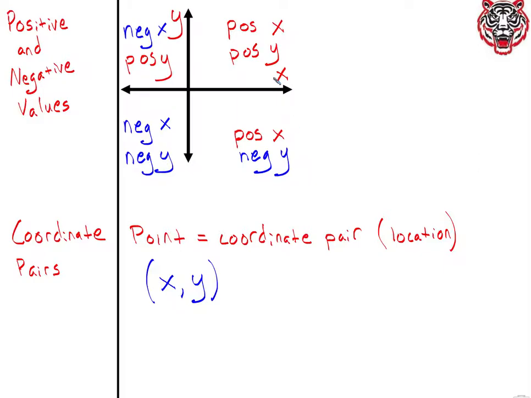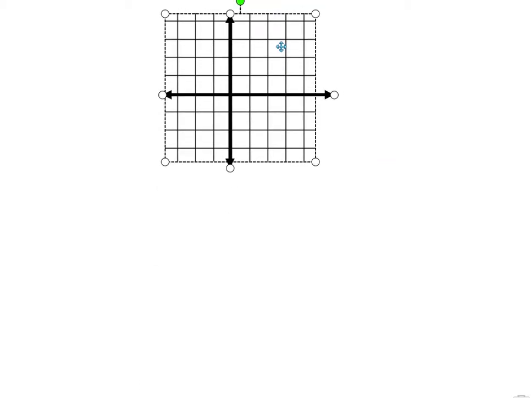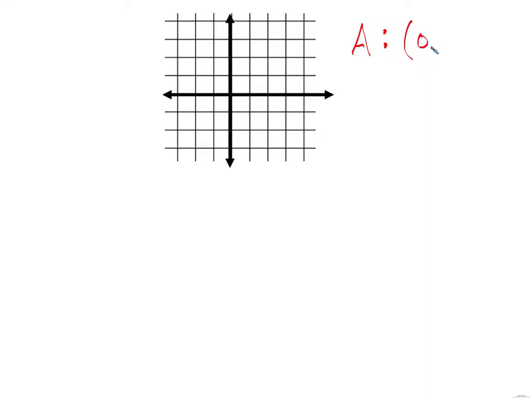All right, I'm moving to the next slide. Go ahead and make sure you have some sort of graph. I'm still under the category of coordinate plane, though. And this is our example. I'm going to say the point A, this is at location 0, comma 3. The point B, this is at -1, comma 2.